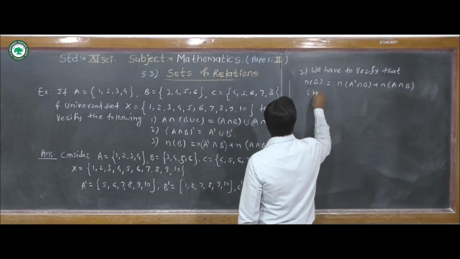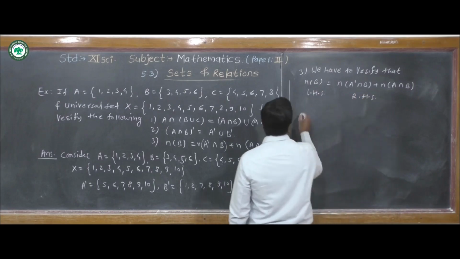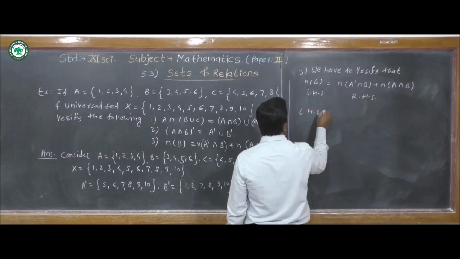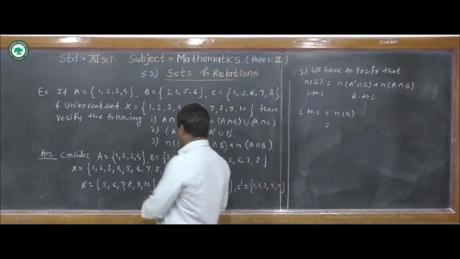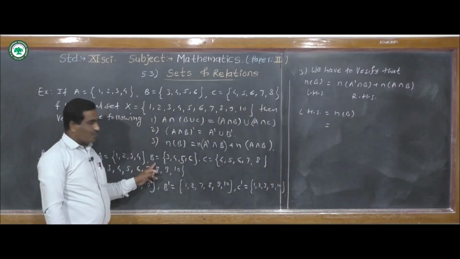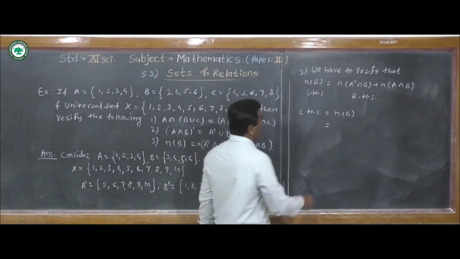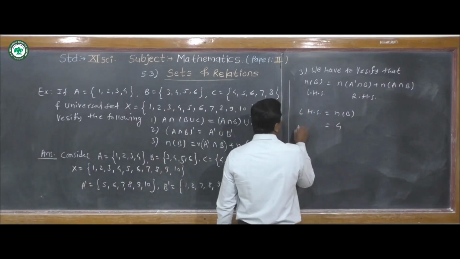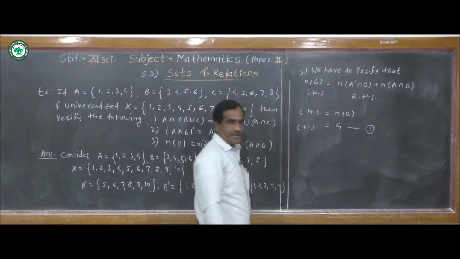We can say this is LHS and this is RHS. LHS is number of B. Now here is the set B. In set B there are 4 elements, therefore number of B is equal to 4. Say this as equation number 1.